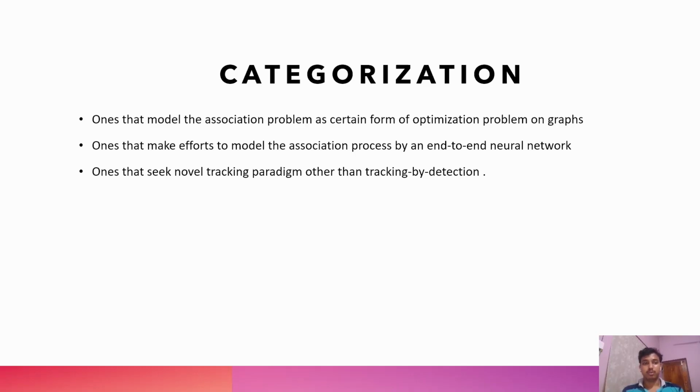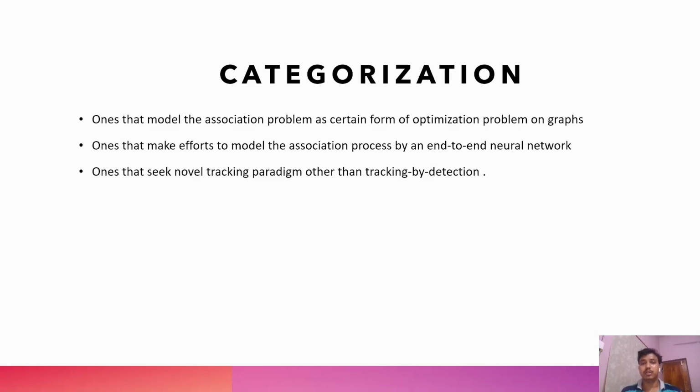Based on the previous research that has been done on multi-object tracking, there are three categories. One models the association problem as a certain form of optimization problem on a graph, and the second makes efforts to model the association process by an end-to-end neural network. Both are based on convex graph optimization algorithms, using many cliques or multi-cuts to get the desired output.